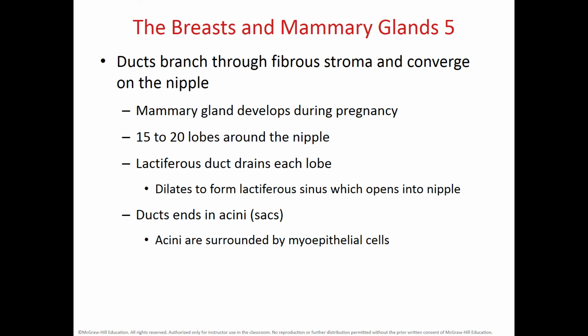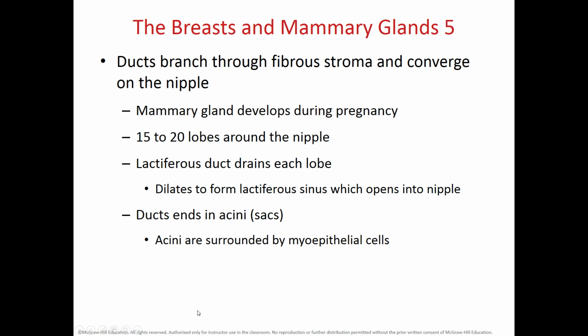And then this lactiferous duct will have a dilated area next to the nipple that's called the lactiferous sinus. So many lactiferous sinuses then receive this milk from the glands of the lobes, and then the milk will be ejected.